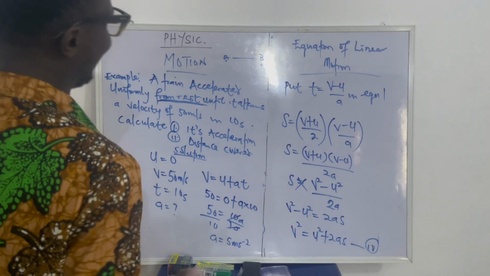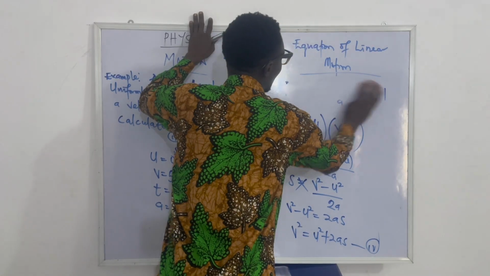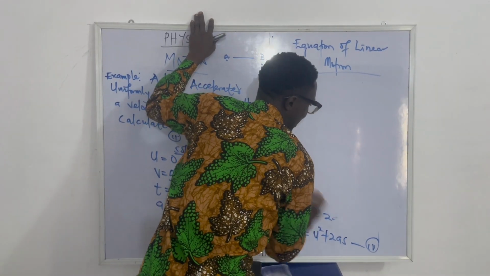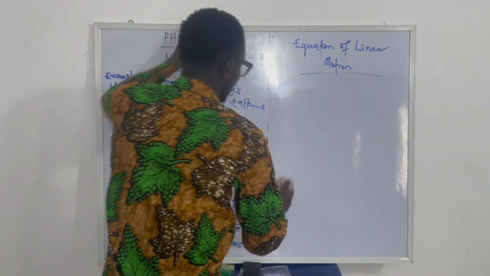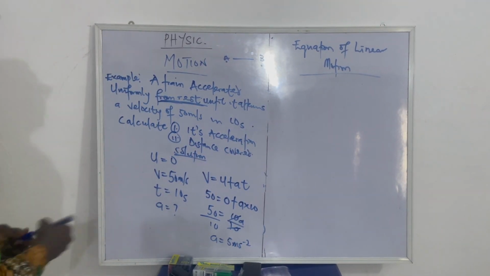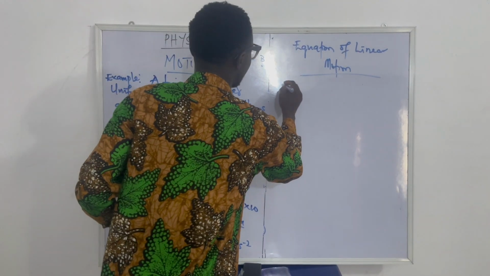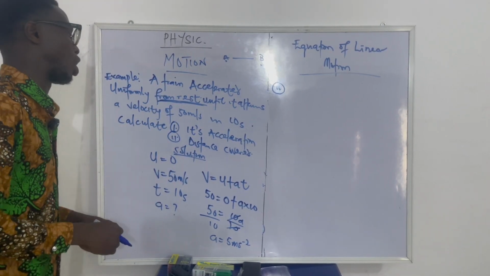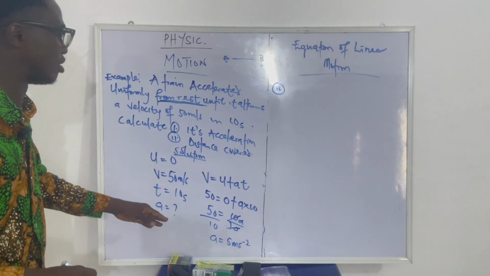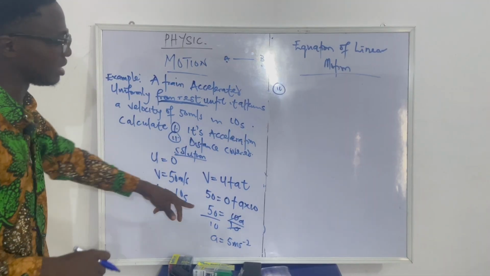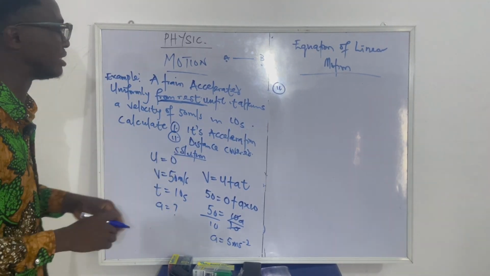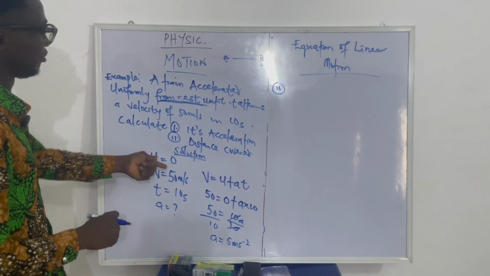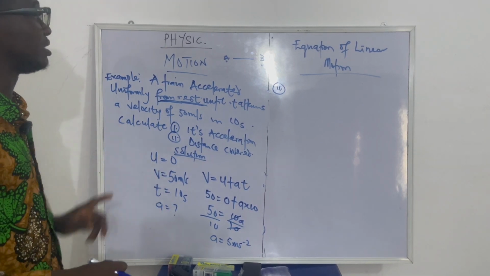Now, having said that, we are going to calculate the distance covered by the body. So, with the same parameters. Although if we're so sure of ourselves that we got the acceleration correctly, we can proceed to use it to solve the distance.